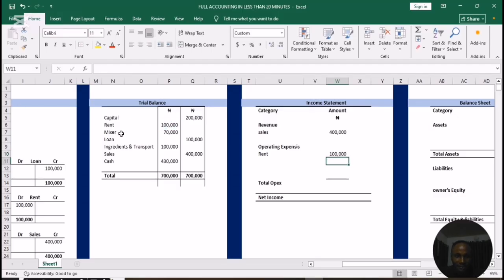The next expenses. So mixer, like I told you guys earlier, that mixer is an asset. So it's not an equipment that is meant to be exhausted in a particular year. So it's meant to be used for over 1 year. So the next thing we have as an expenses here is the ingredients and the transport.